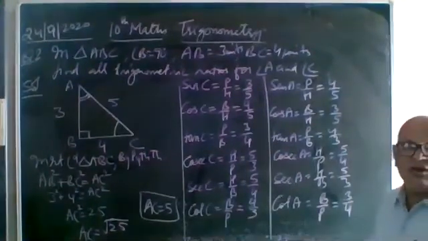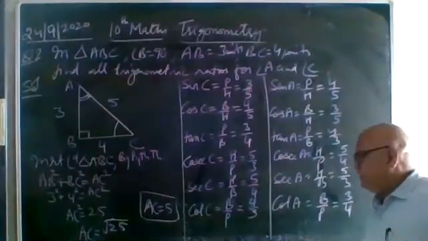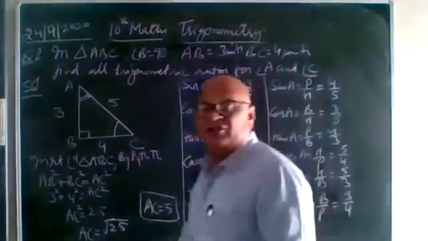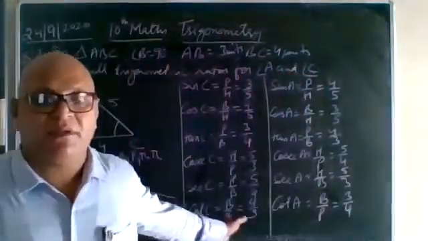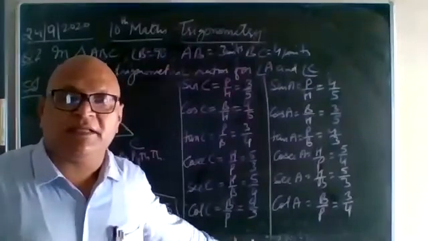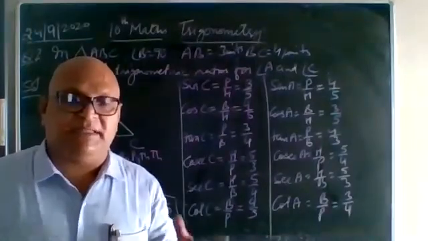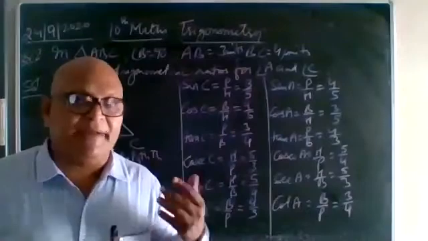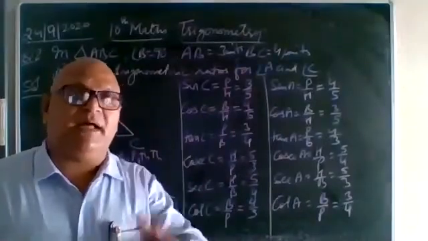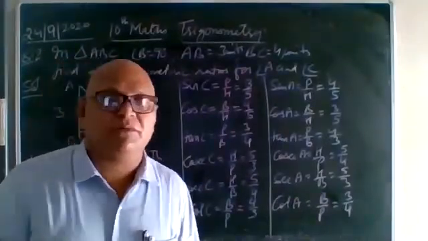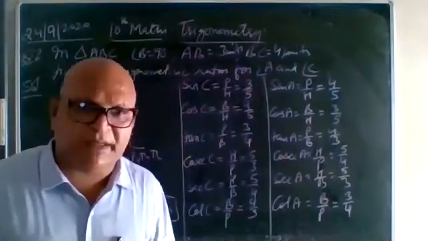So this is how you can find out the trigonometric ratios for all. Understood or not? It is not necessary that you find all; what you need, find out, and leave the others. There are a variety of questions on this topic.